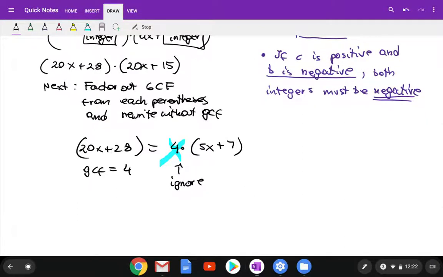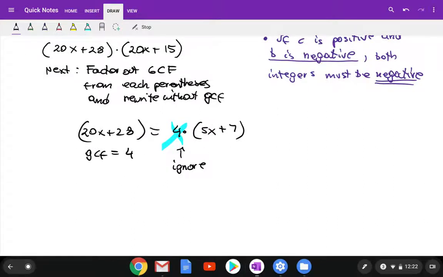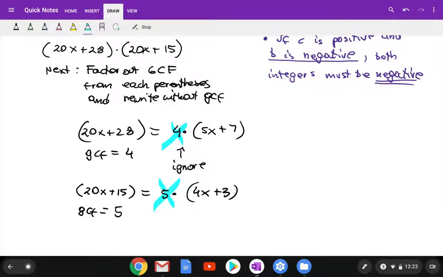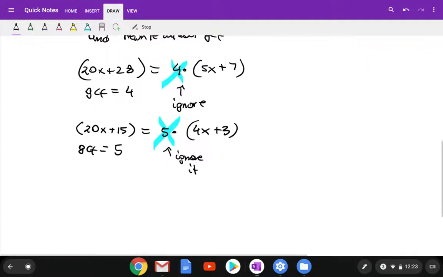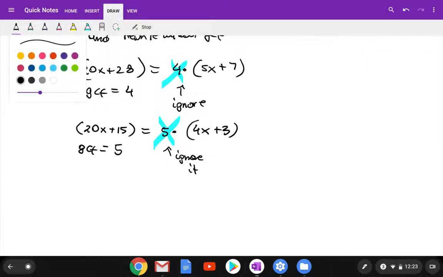The next parenthesis is 20x plus 15. In this case, the GCF is equal 5. So we write that as 5 times 4x plus 3, since 20x divided by 5 will give you 4x and 15 divided by 5 will give you 3. And the same idea, we're going to ignore it. Okay. So now we have it.